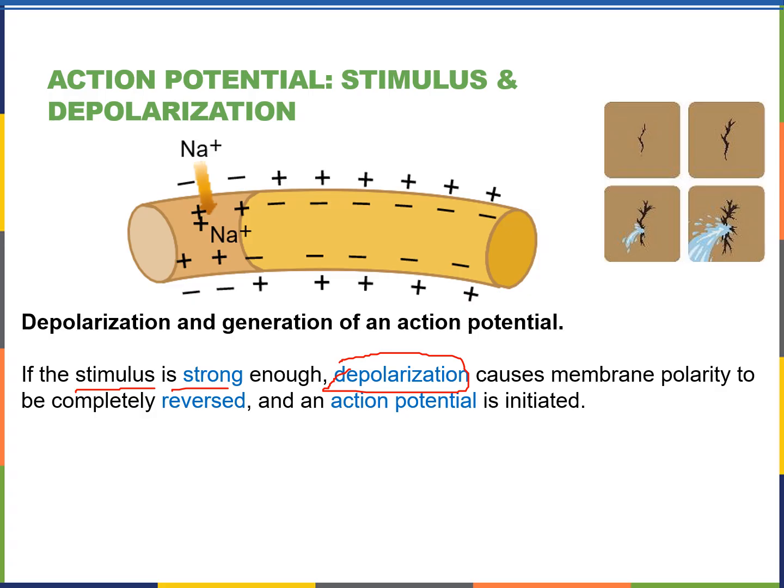Depolarization means that sodium ions are now allowed to enter into the membrane. And sodium ions enter, and what was negative, so this area was negative, now it becomes positive, because more positive ions are coming into the inside.